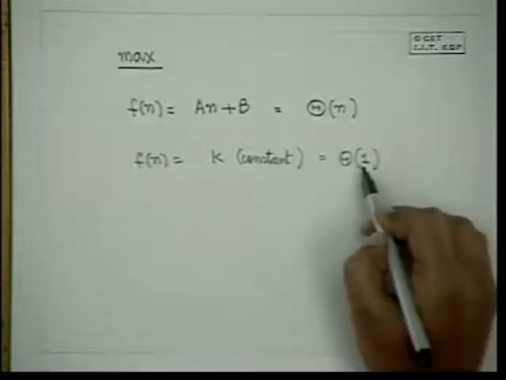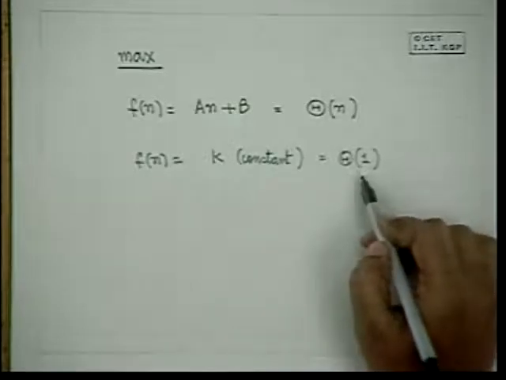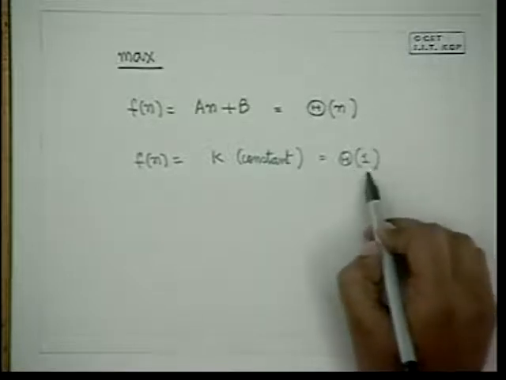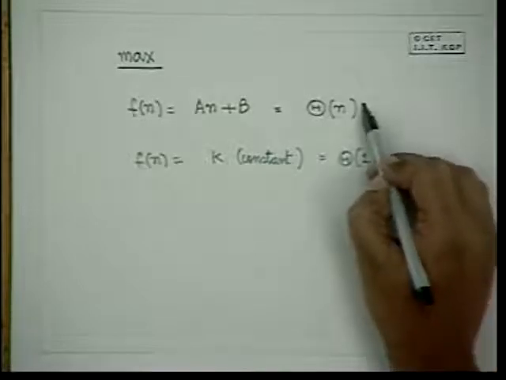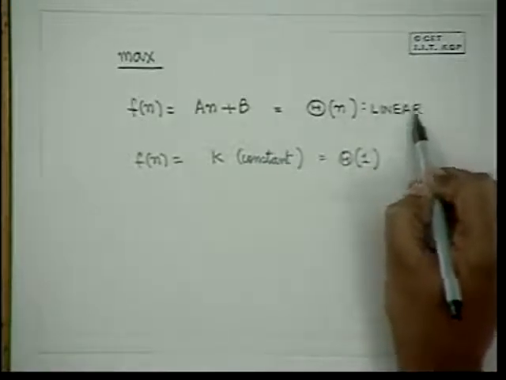It is the same as order 3, order 4, order 5. All of them mean the same thing. But the language we use is that constant complexity is order 1. When we say order n, we say it is a linear time algorithm.